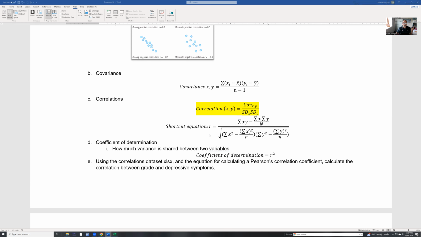The shortcut equation for the correlation is a lot like the shortcut equation for the variance. If you remember this, that was the sum of x squared minus the sum of x, squared, over n, and then this was n minus 1 at the bottom. So this is basically the same thing. The only thing is here we're also adding the standard deviations.